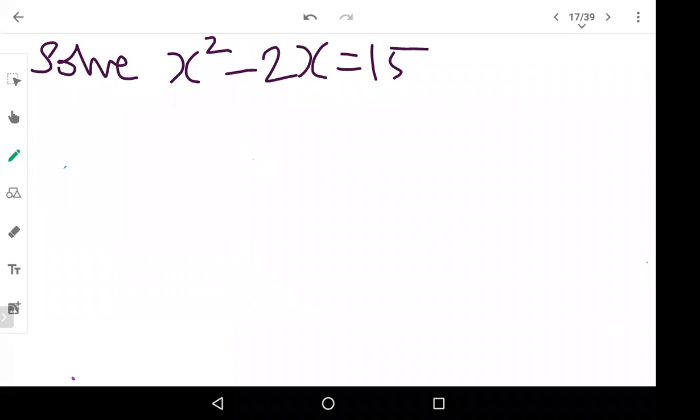How do we solve this problem? Who can say? X square minus 2x is equal to 15. 15 shifts to the left side. Okay. Any other answers?